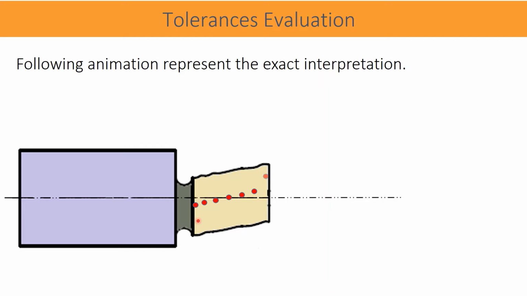The database stores the location of all the center points of the circles, or the center axis if measured as a cylinder. Around the datum axis, a diametrical tolerance zone is created. In this given condition, all the center points of the circles lie inside the diametrical tolerance zone, and therefore it is said that the concentricity of the given cylinder is well within the tolerance zone.